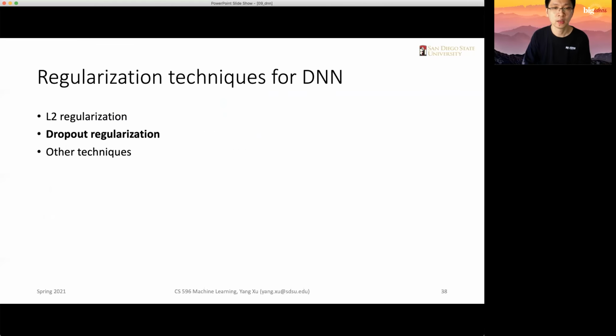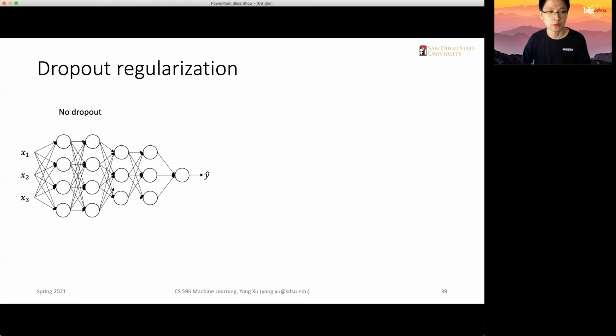All right, other than L2, what we're going to focus on first today is another technique for regularization, which is called dropout. Dropout is a more commonly used method that is particularly suitable for neural network models. As the name indicates, it's quite straightforward to understand.